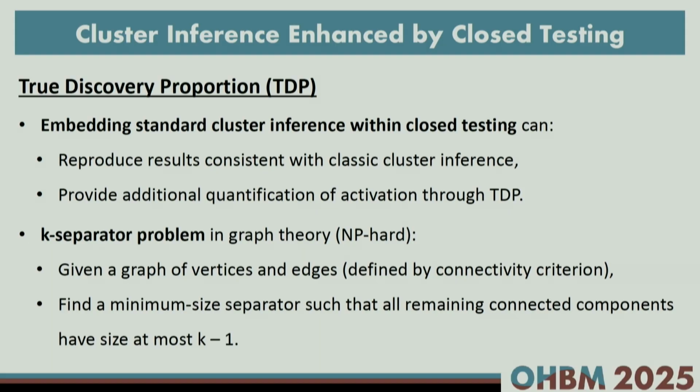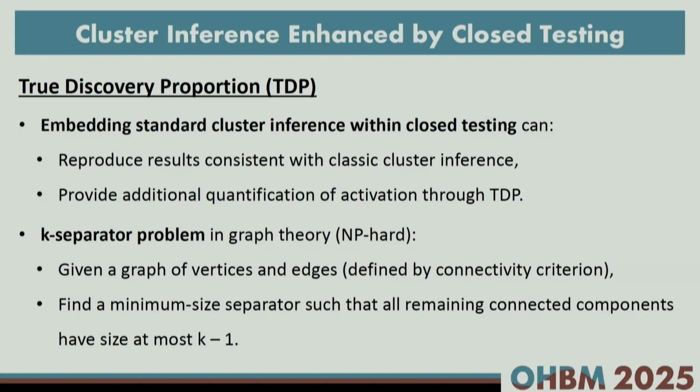We provide the quantification of the activation using the so-called true discovery proportion. It is essentially, for each cluster, the proportion of the truly activated voxels inside this cluster, which is equivalent to finding the number of the truly activated voxels inside this cluster.